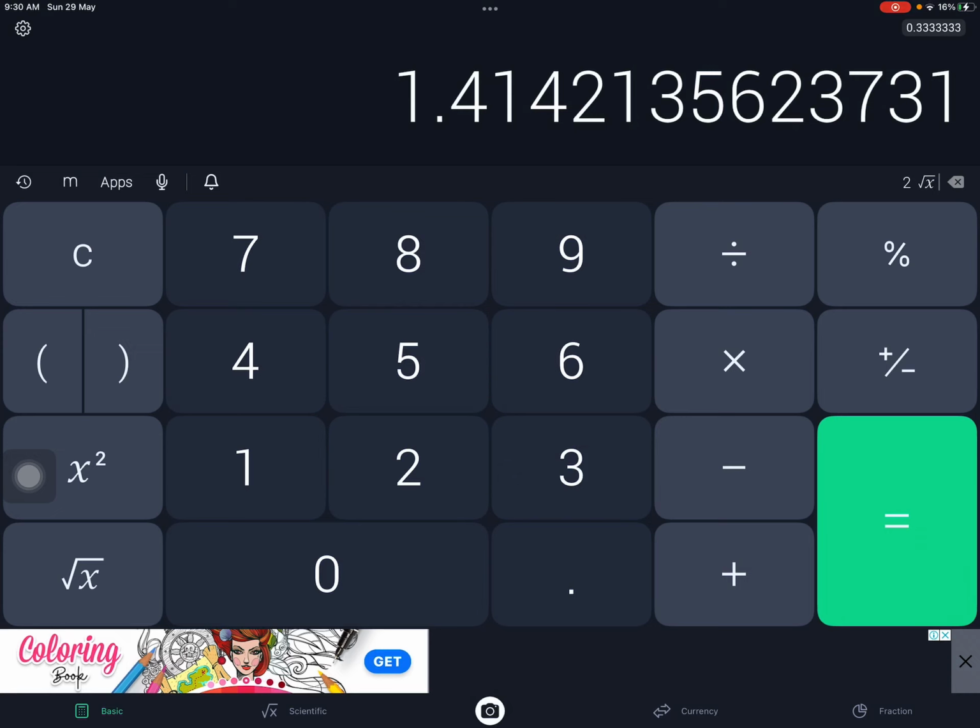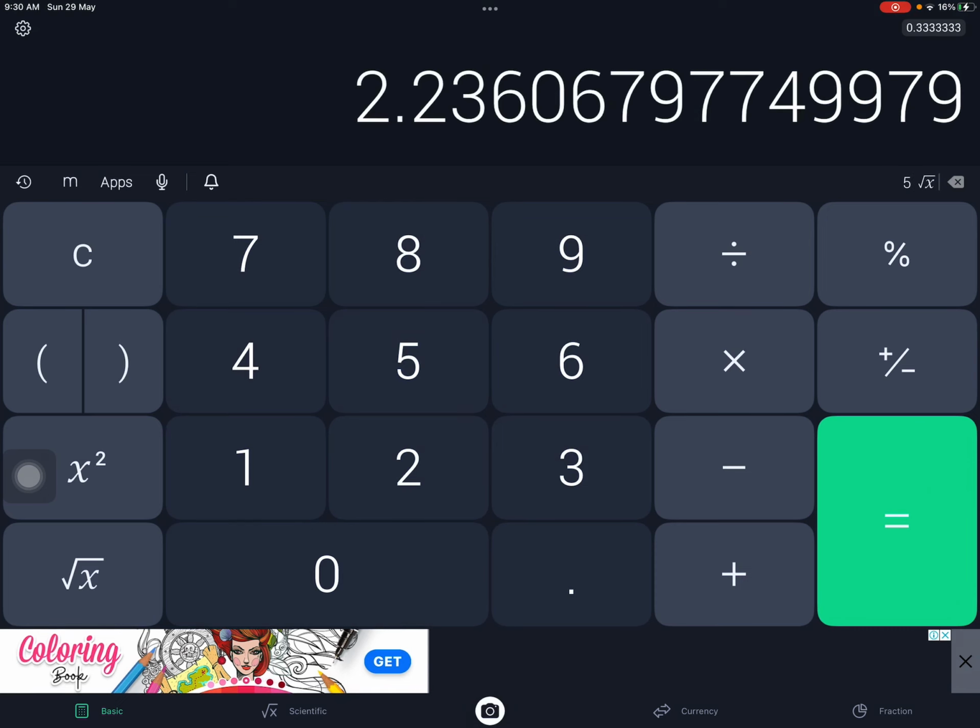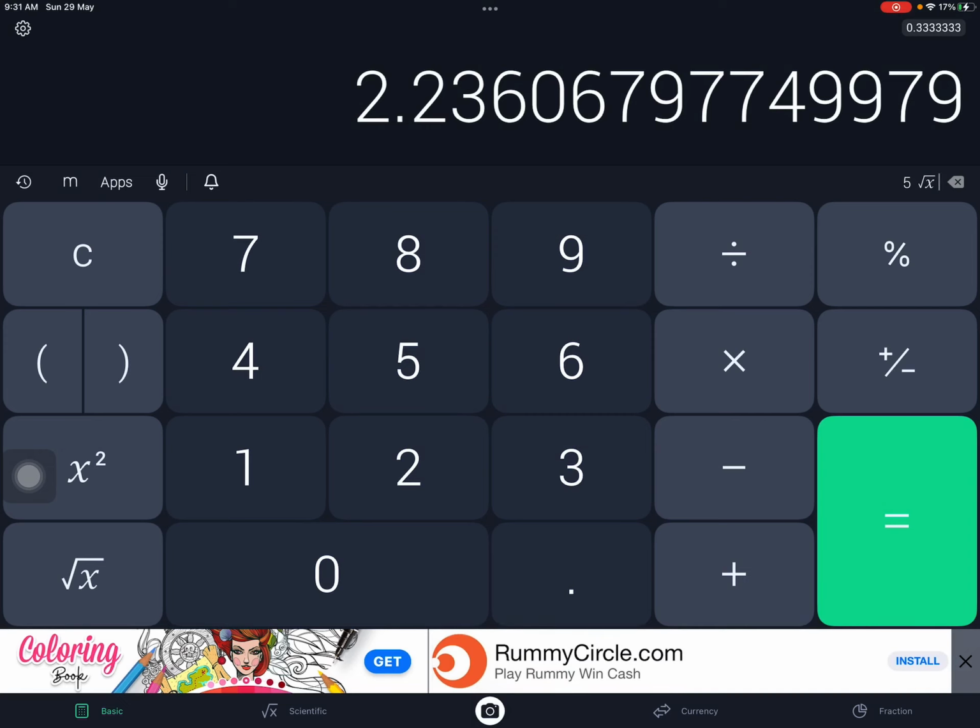Root 5 is an irrational number. The decimal is neither terminating nor recurring. Even pi is an irrational number. Pi is written as 22 by 7, but that is not the exact number.